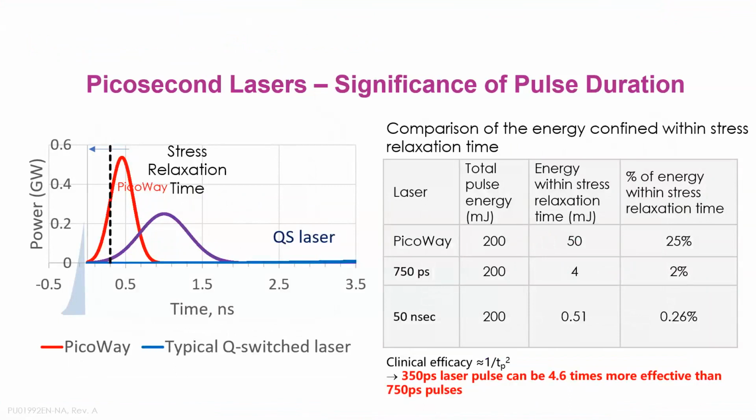And if we look at the chart on the left-hand side, the black vertical dotted line is basically anything to the left of that is acoustic, and anything to the right-hand side of that line becomes heat. So you can see, the shorter the pulse that we're able to deliver in picoseconds, the more of that energy is actually being delivered in that acoustic range rather than in thermal range.